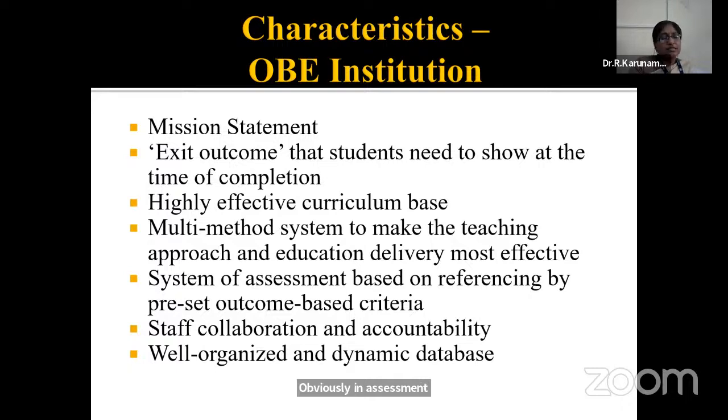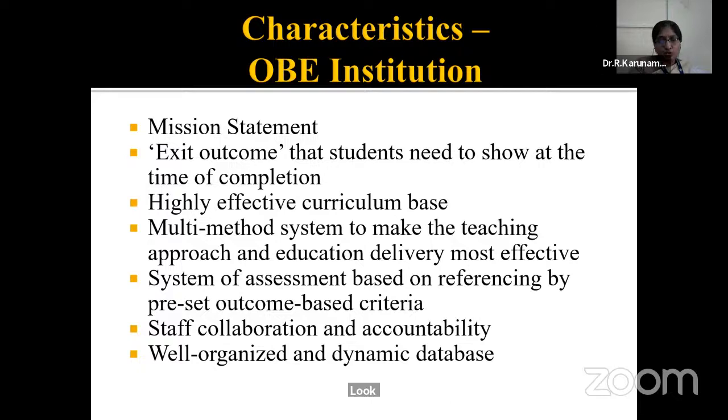When a multi-method system is approached in classroom delivery, obviously in assessment also it has to be applied. So a system of assessment based on referencing by preset outcome-based criteria is a must here. When we the teachers plan for the assessment, we are expected to map the outcomes also.